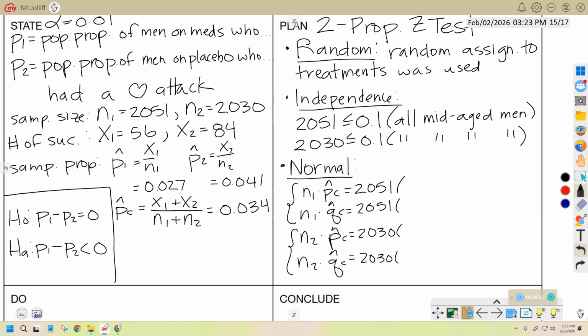Our P hat C, our pooled proportion, was 0.034. The other proportion should be the complement. So what is 1 minus 0.034? And the answer is 966, because I've done this today twice.